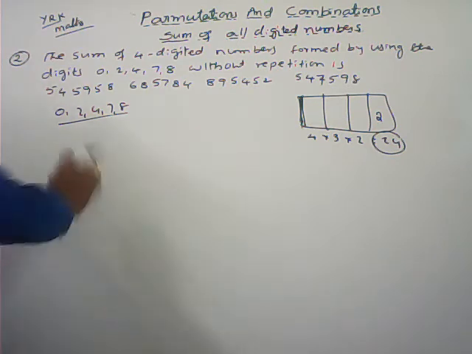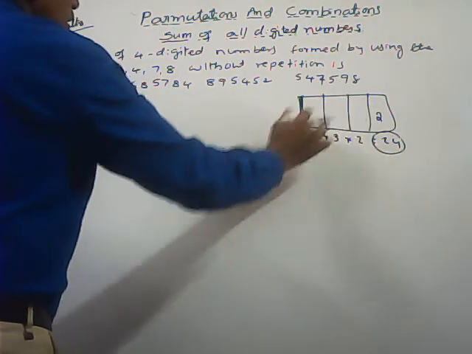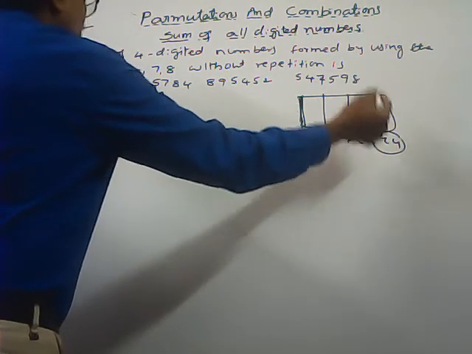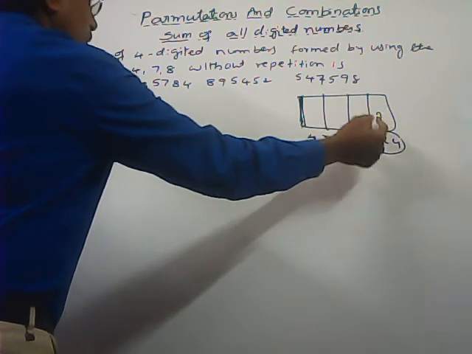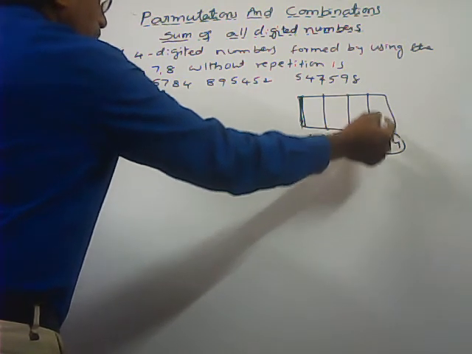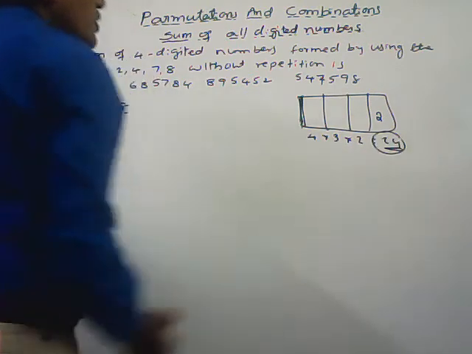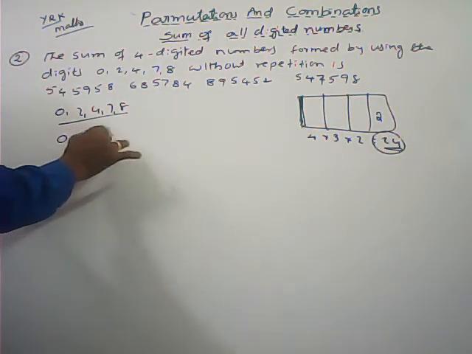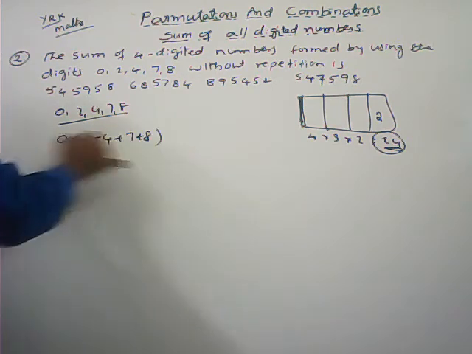First, if I keep 2 in the units place, how many numbers are we getting? 24. So not only 2, if I keep 0 also, or 4 or 7 or 8, everything repeats 24 times. So 0 plus 2 plus 4 plus 7 plus 8.